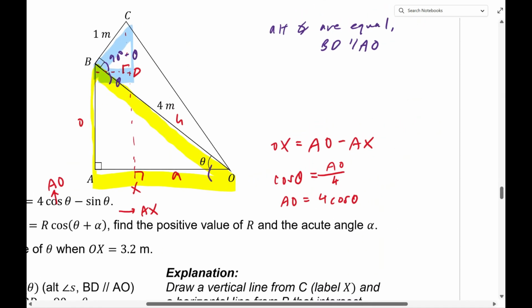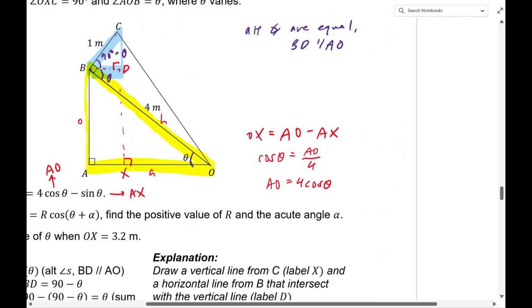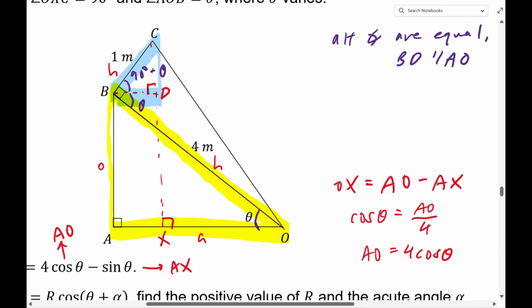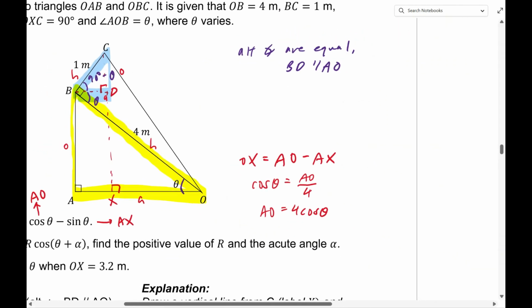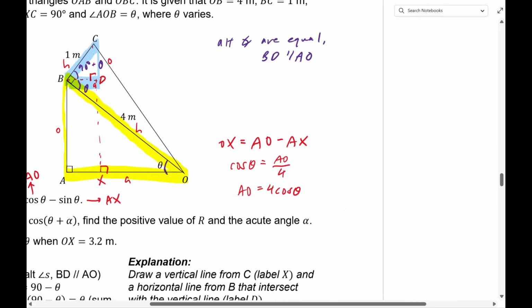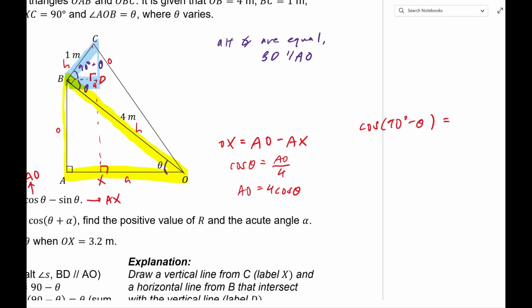Afterwards, we'll deal with AX. So now looking back to our triangle BCD, we can identify 1 meter as our hypotenuse, BD as our adjacent, and CD as our opposite. Since we need to find BD, we're using cosine again. So cosine of (90 minus theta) equals BD over 1.